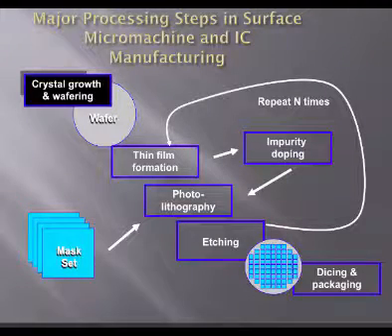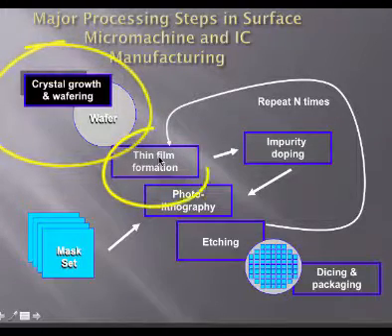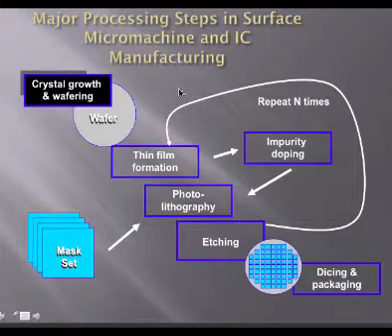So, taking a look at this graphic, we start by growing wafers, right? You guys are already familiar with that. We grow crystalline silicon wafers, and we put a thin film on it, right? And then we pattern the thin film with photoresist and photolithography, kind of like what you did with the tourist wafer. And for those of you who did the pressure sensor, we did a lot of that, right?